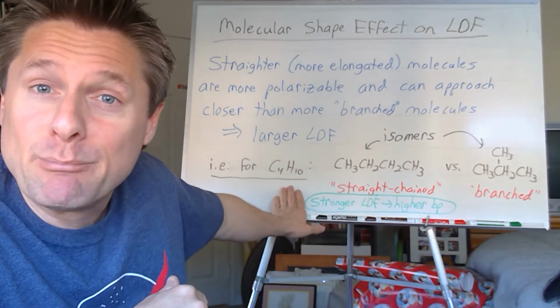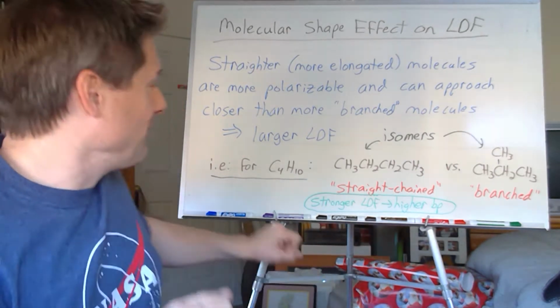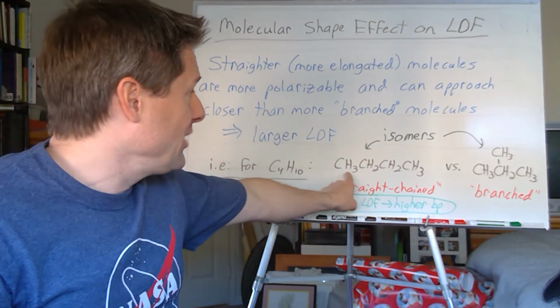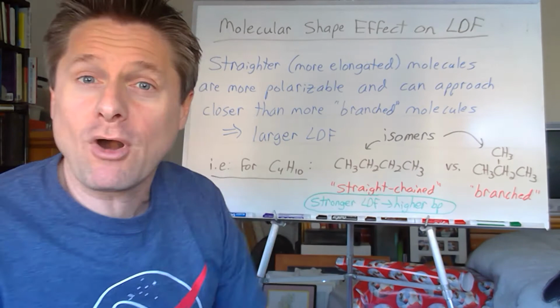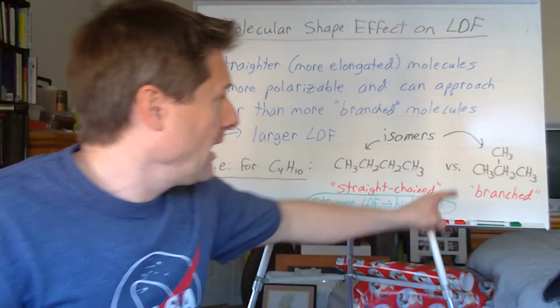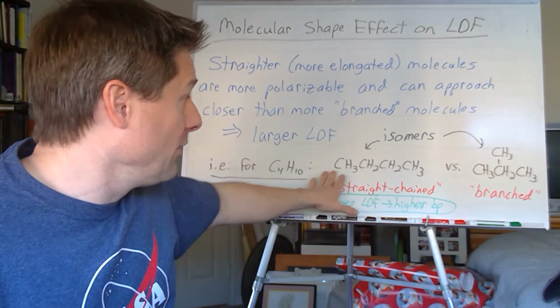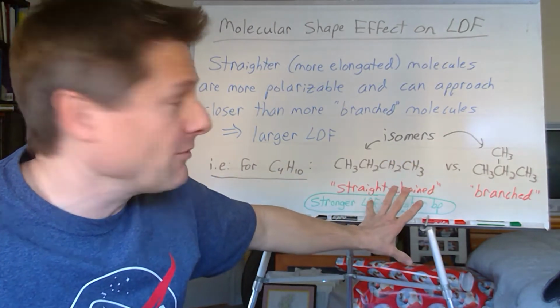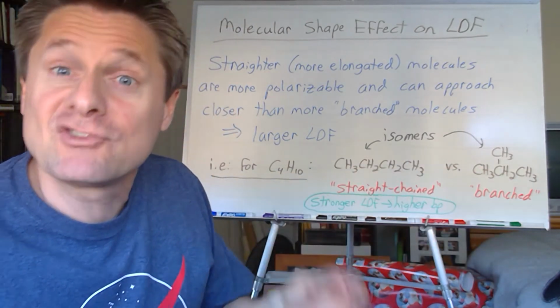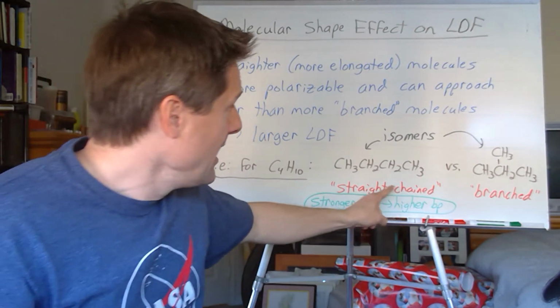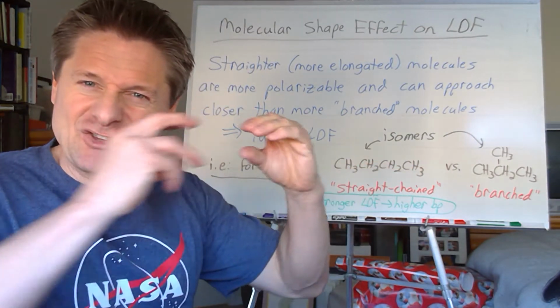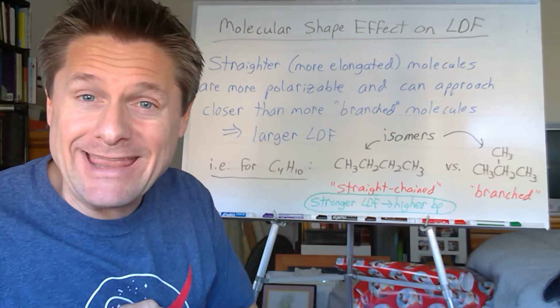For example, if we take butane, C4H10, I could draw it as just a string of 4 carbons in a row. Or I could do 3 carbons in a row with a CH3 branch coming off. Still C4H10. These are isomers, right? Same molecular formula, different structural formulas. But do you see how this is more elongated? It's straighter. They call it a straight chain.